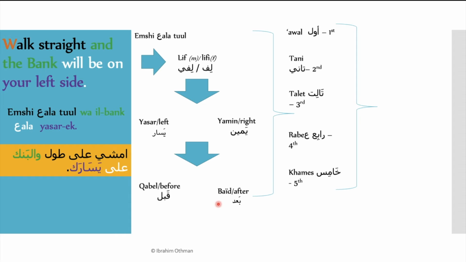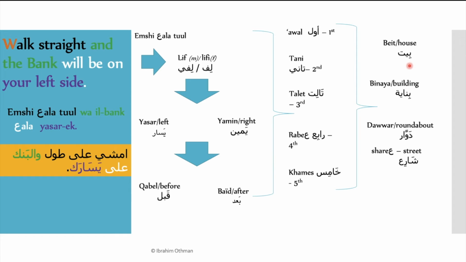And what you would be turning left or right after the first, the second, the third, the fifth: house, which is بيت. بناية. دوار. شارع.